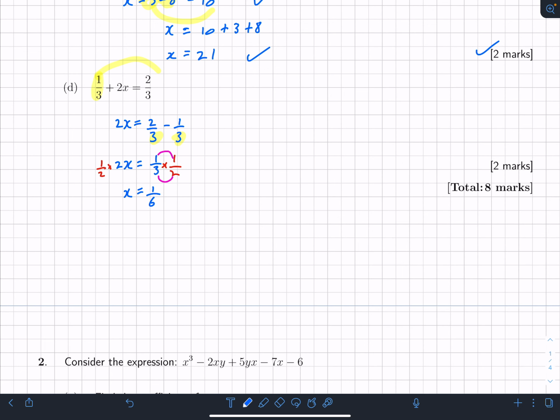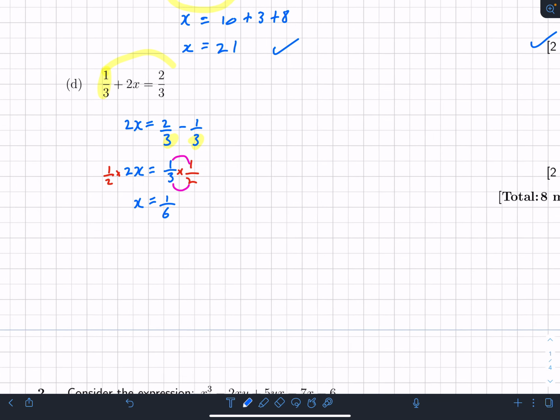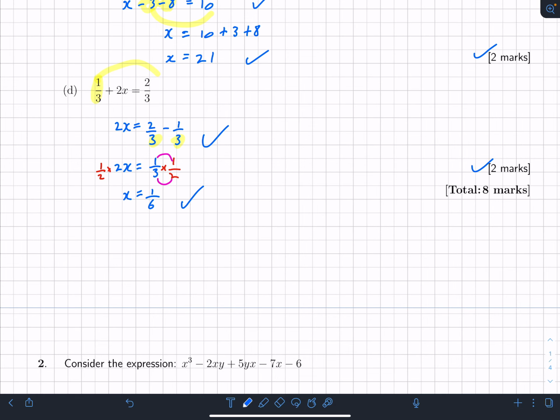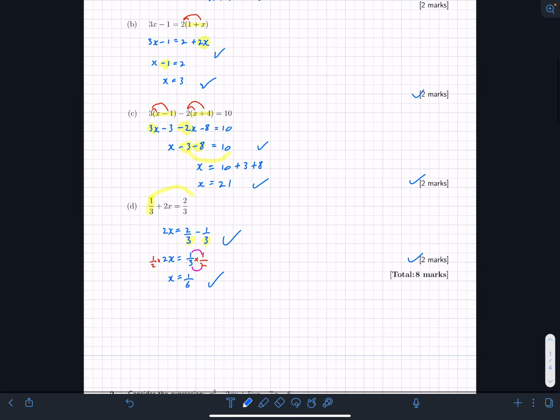Okay, and so just a tip, leave your answers as a fraction, not as a decimal. Then for 2 marks, we've got our working out and our final answer. And so now we've dealt with question 1.